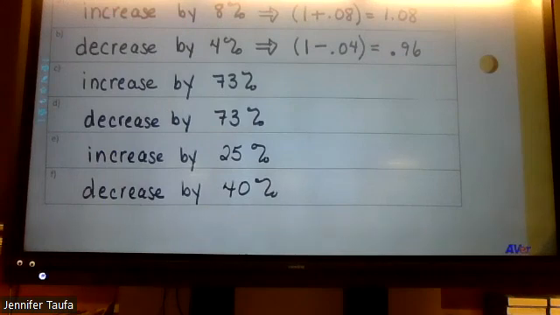Okay. So your job is to finish these 4, make sure your name is on this paper and turn it in.